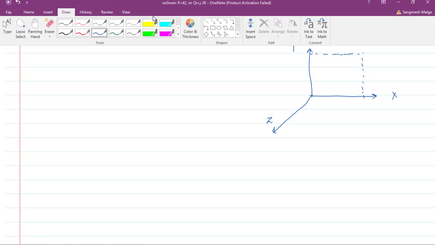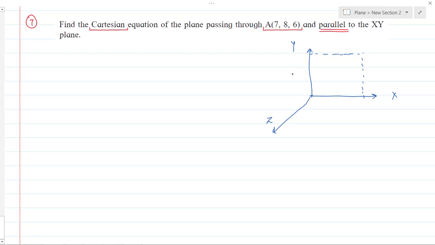So let me use another color. Suppose I am having this plane which is parallel to the xy plane. See, this plane is now parallel to the xy plane. Okay, and this plane is passing through the point A 7, 8, 6.